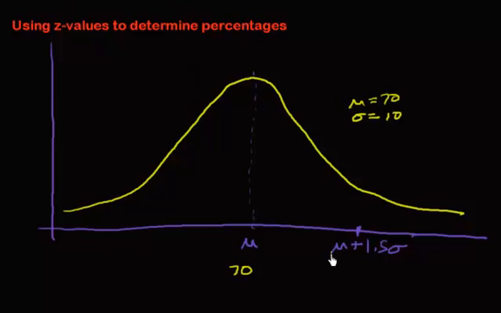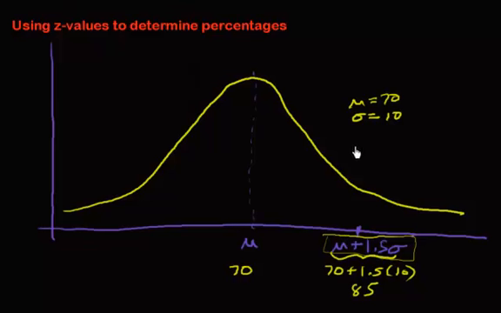What would this number represent? It would represent 70 plus 1.5 times 10, which is 85. So this score, 85, is represented by this expression, but the only thing I need to know in this entire thing is the 1.5.